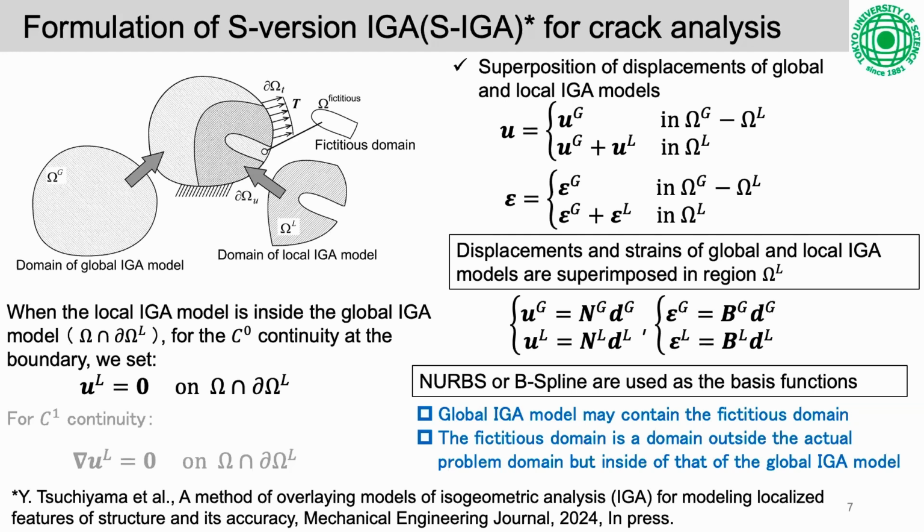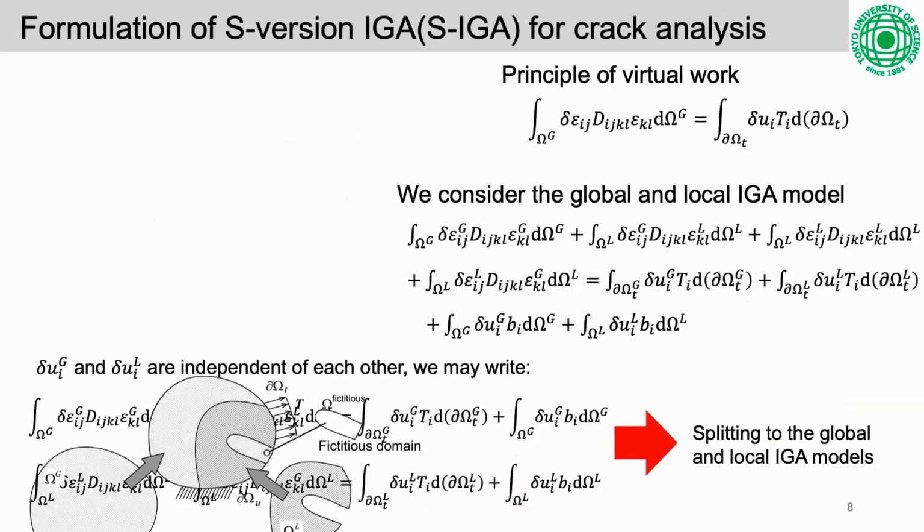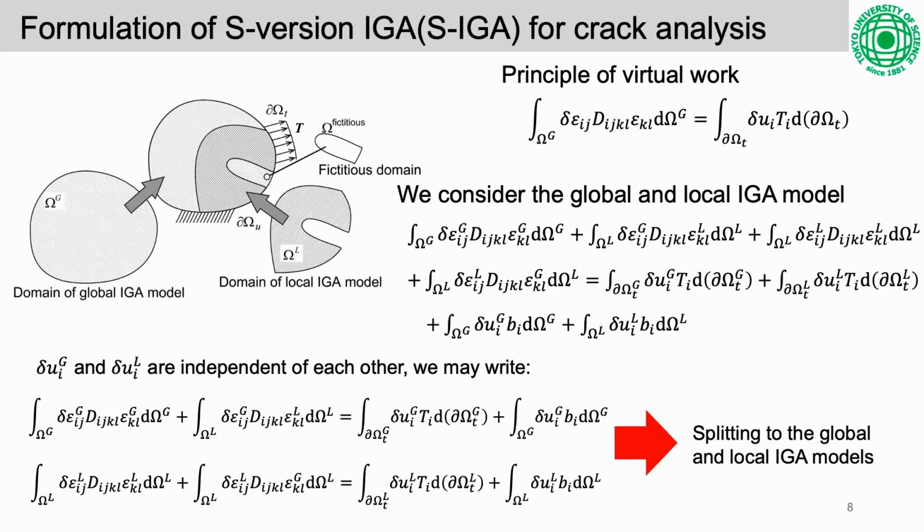Then we need to satisfy at least C0 continuity at the boundary here. To do that, we just set the displacement of this local model to be 0 here so that we can satisfy C0 continuity. Then we just plug these conditions into the weak form, which is anyway the principle of virtual work.